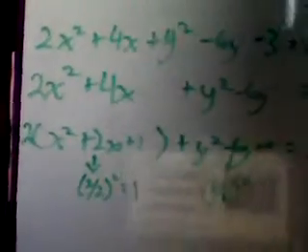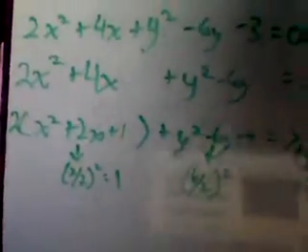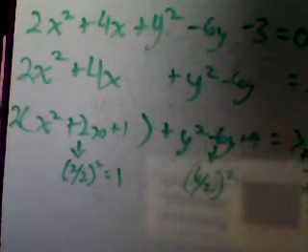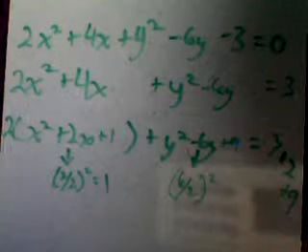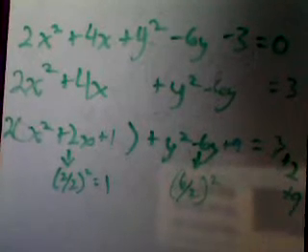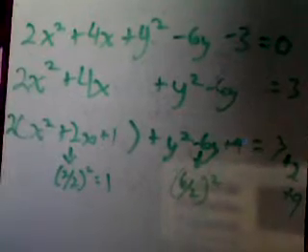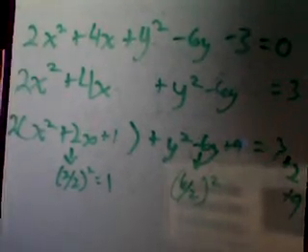As you see below each of the b terms, I showed how to get the value to add to each side to complete the square. And on the right side there is 3 plus 2 plus 9. Okay, so now you can simplify that.